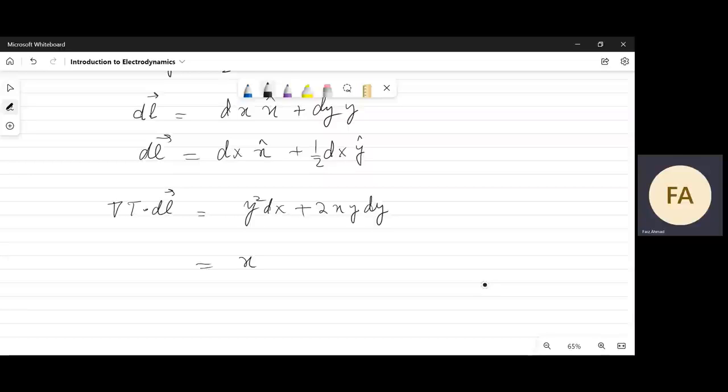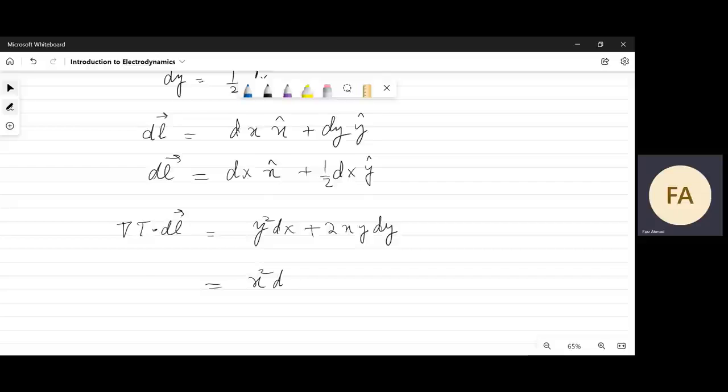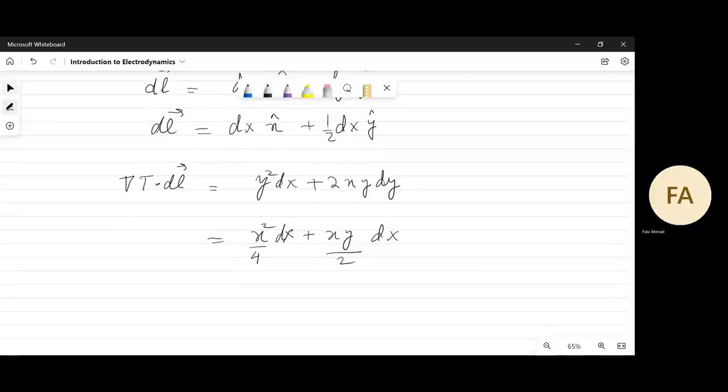Y is 1 by 2x, so y squared will become x squared by 4 dx, plus 2x will remain x, y will become 1 by 2 x, so the 2 will cancel with 2, and xy dy is 1 by 2 again dx, so it will become x dx.